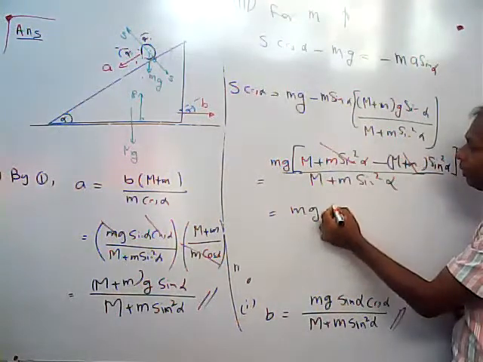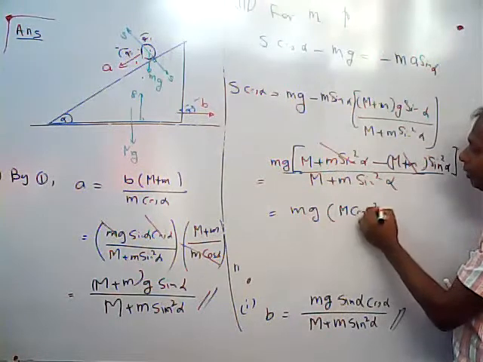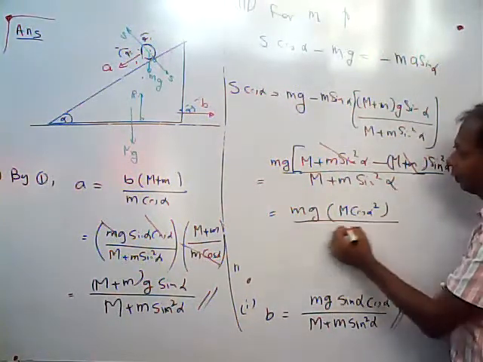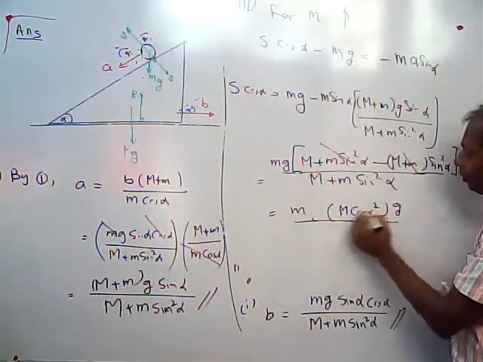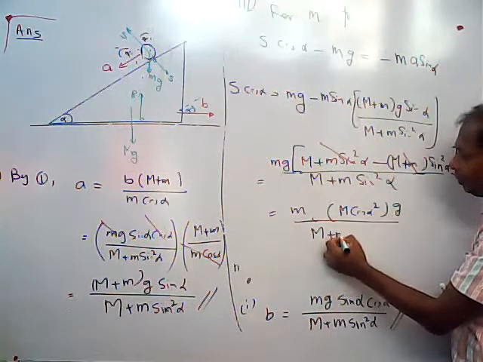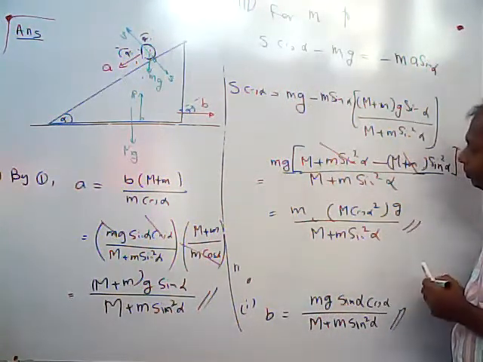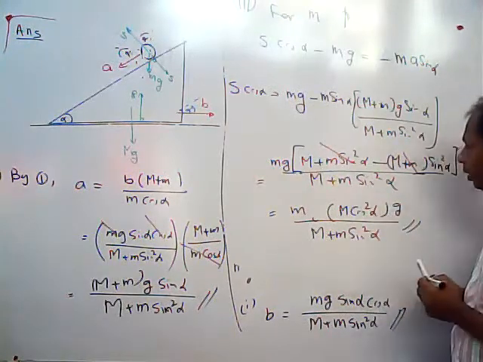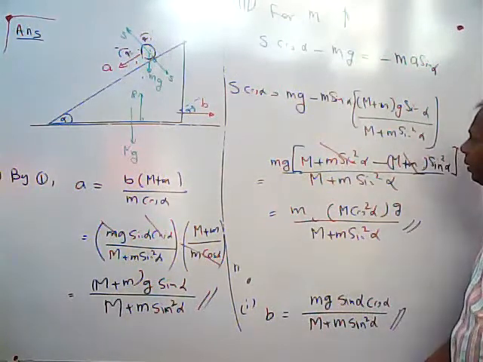So that will give capital M cos squared alpha over, I write g here, over m plus M sin squared alpha. So this is the answer: M cos squared alpha g over m plus M sin squared alpha. Right?